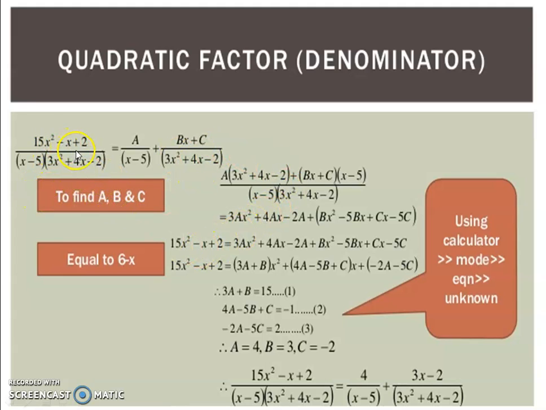Therefore 15x² - x + 2 equals A multiplied with this bracket, so it is 3Ax² + 4Ax - 2A.